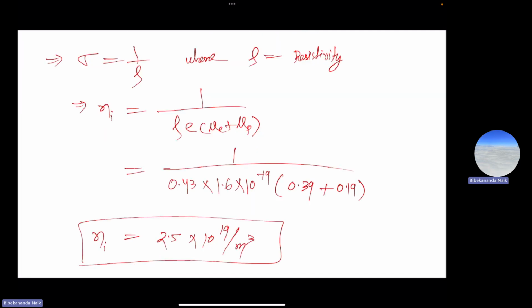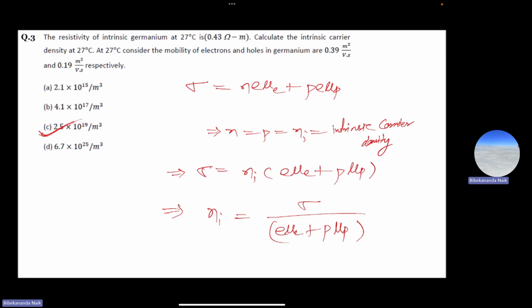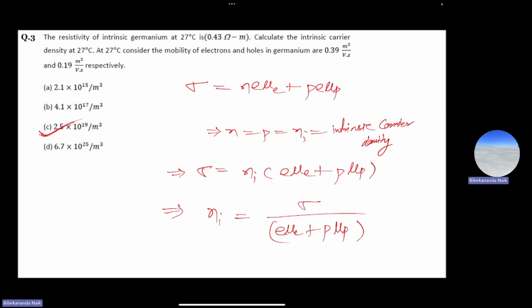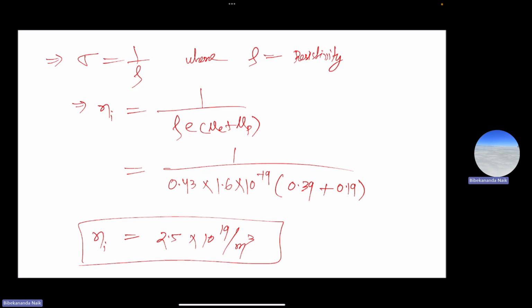But in the previous question we calculated the fraction of 10 to the power minus 18. Why was it so much less in the earlier case? Because the temperature was only 100 Kelvin. As you go below room temperature, the fraction of electrons in the valence band that are able to excite into the conduction band reduces significantly.